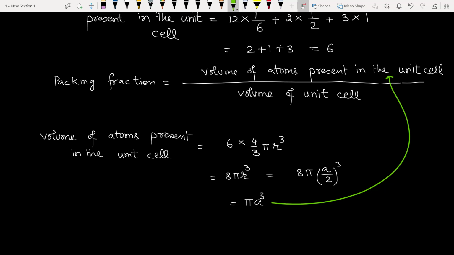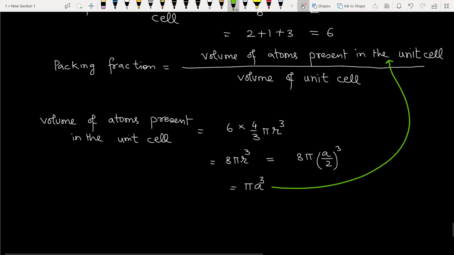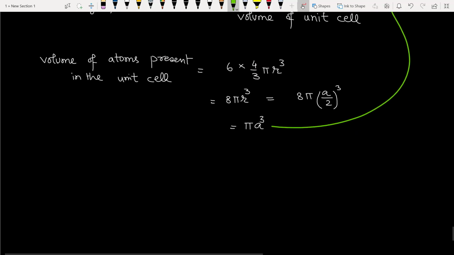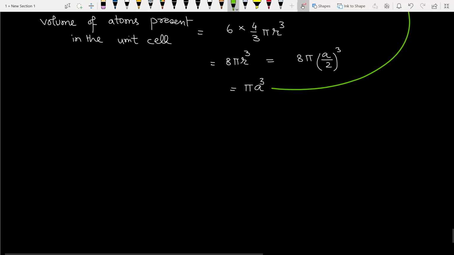So now we will calculate the volume of unit cell.